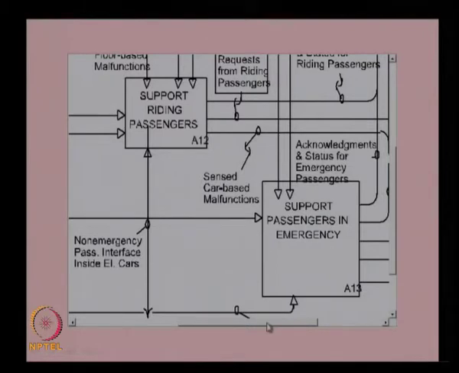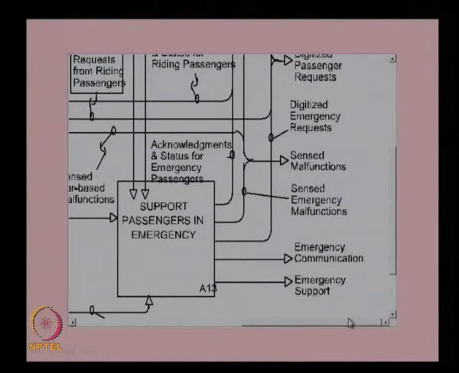Based on this, the function will generate necessary control signals, emergency communication signals and emergency support, and the information will be passed to other functions also. So these are the inputs and outputs coming from these functions.